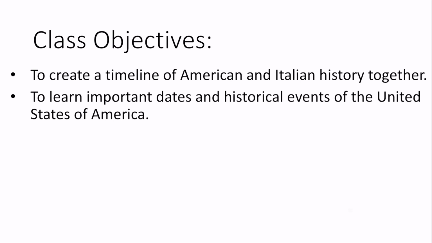Now, here are our objectives. I would like for us to create a timeline of American and Italian history together, to learn important dates and historical events of the United States of America.